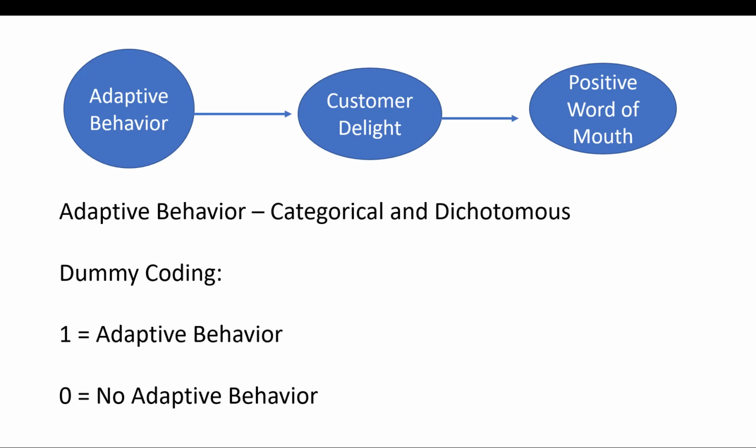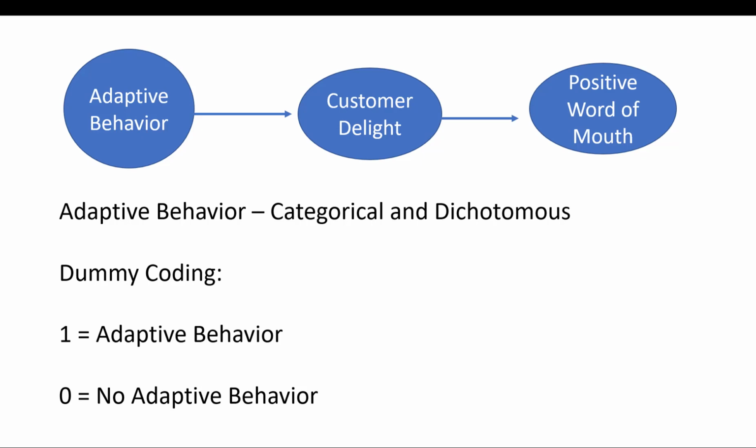All of the customers who had their service experience adapted to them would be coded as a 1. All the ones who didn't have their experience adapted to them would be coded as a 0. We would then use this new dummy coded variable as the adaptive behavior construct at the front, and run our analysis.